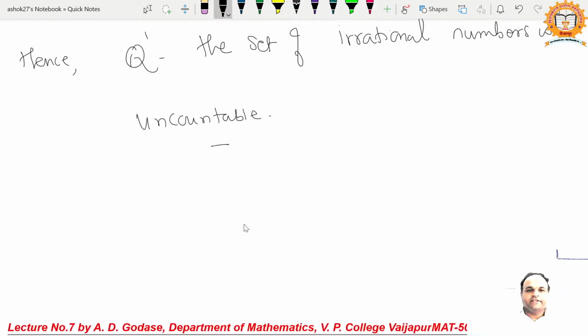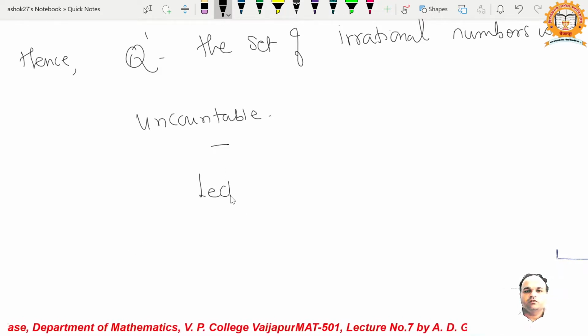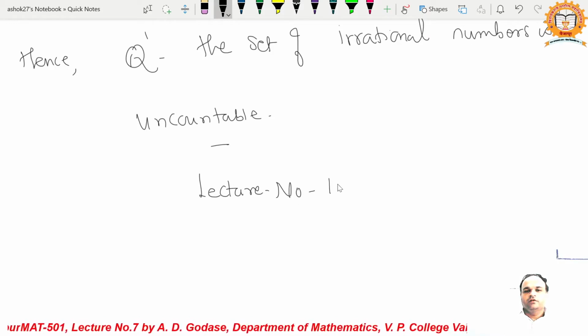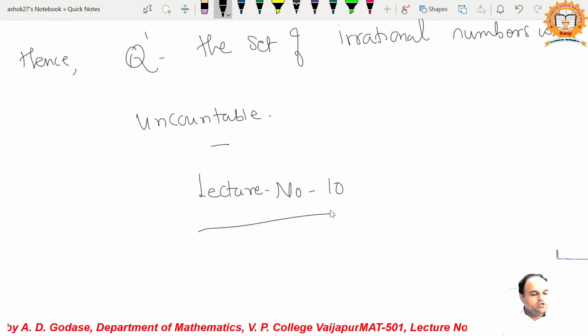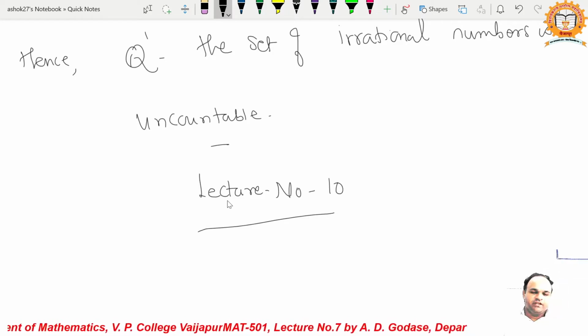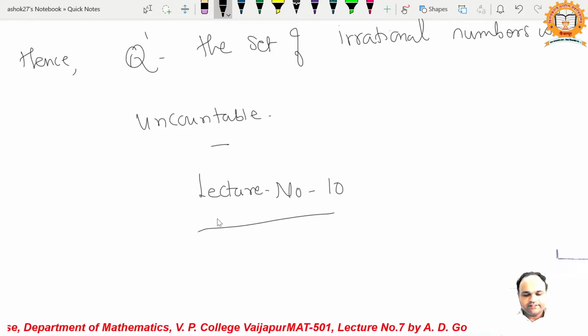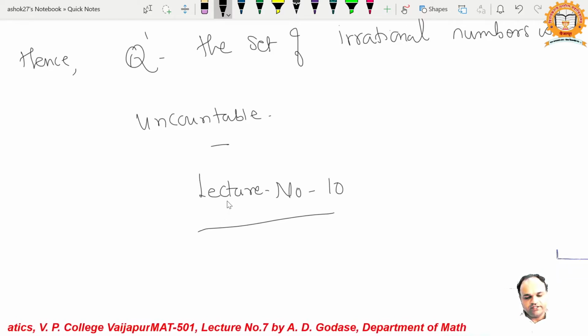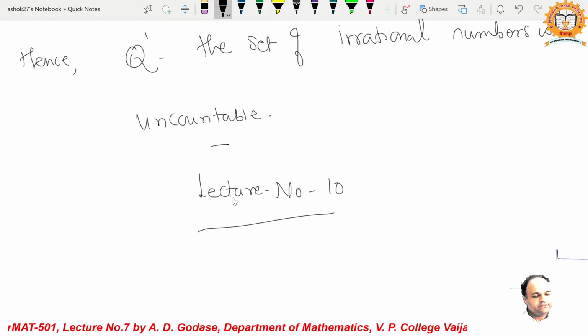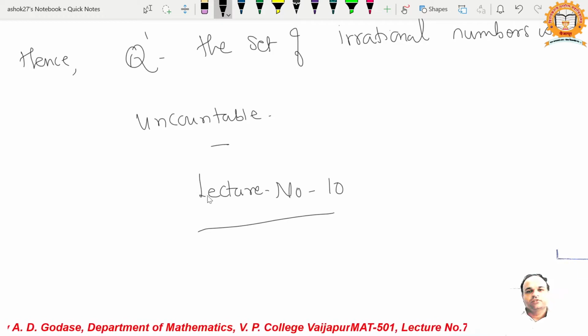So in the next lecture, that is lecture number 10, we'll see algebraic numbers, then closed intervals and open intervals being equivalent sets. So there are some examples on equivalent sets in the next lecture.